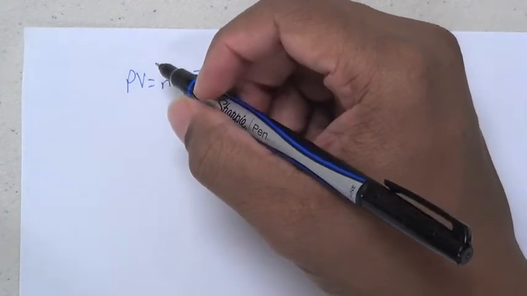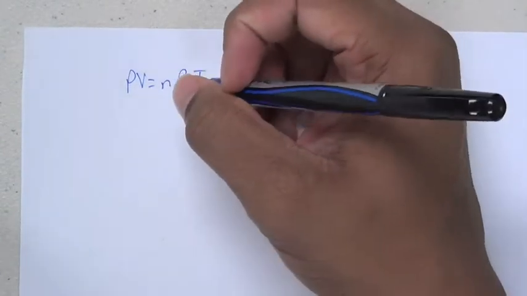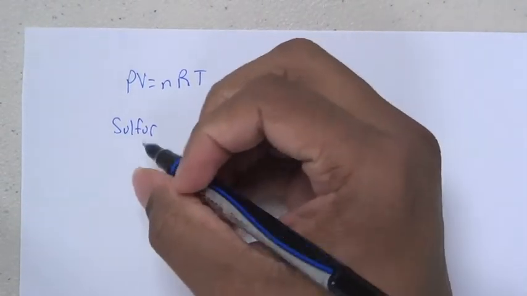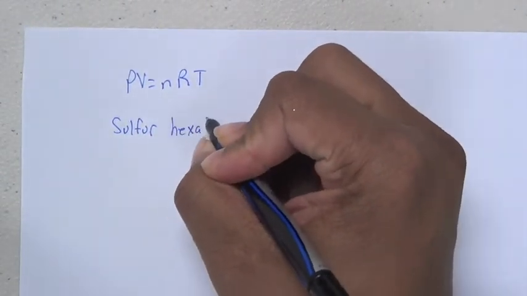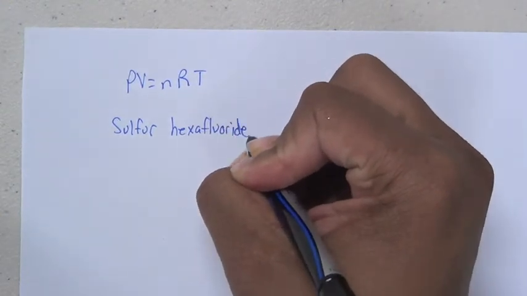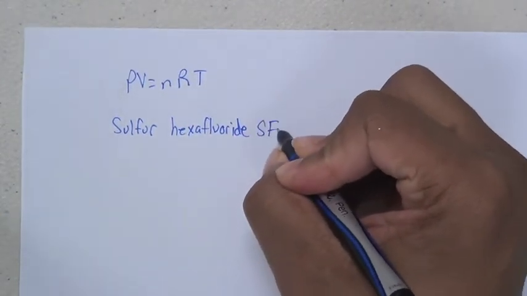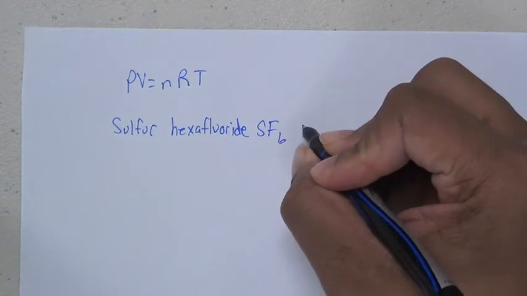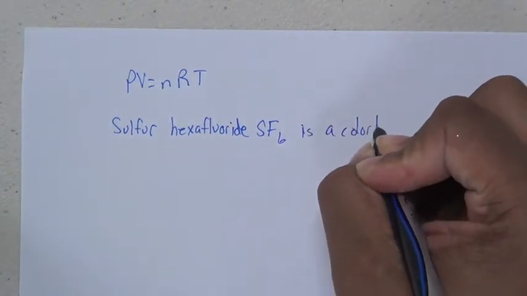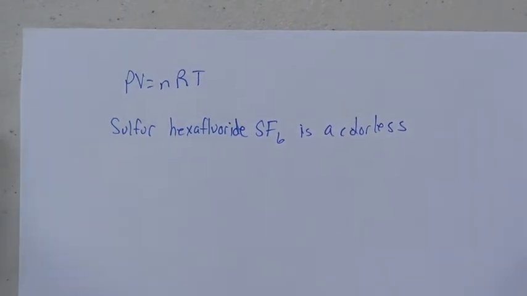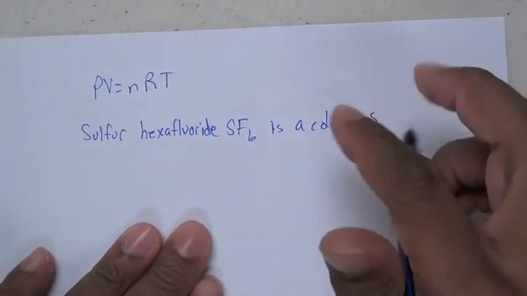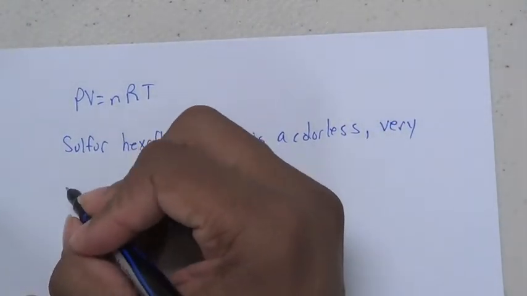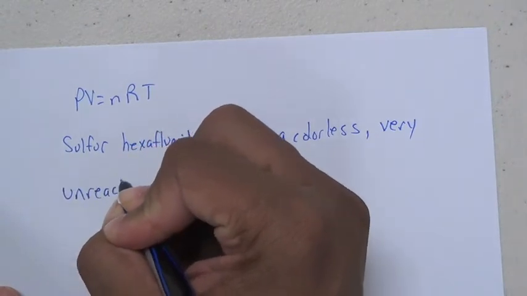So I'm going to go with the example we did in class, which was sulfur hexafluoride, SF6, a colorless, very unreactive gas.